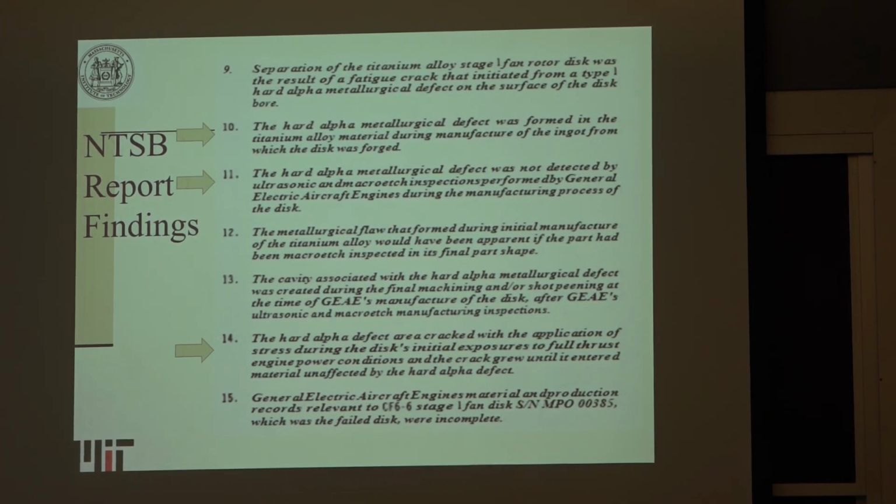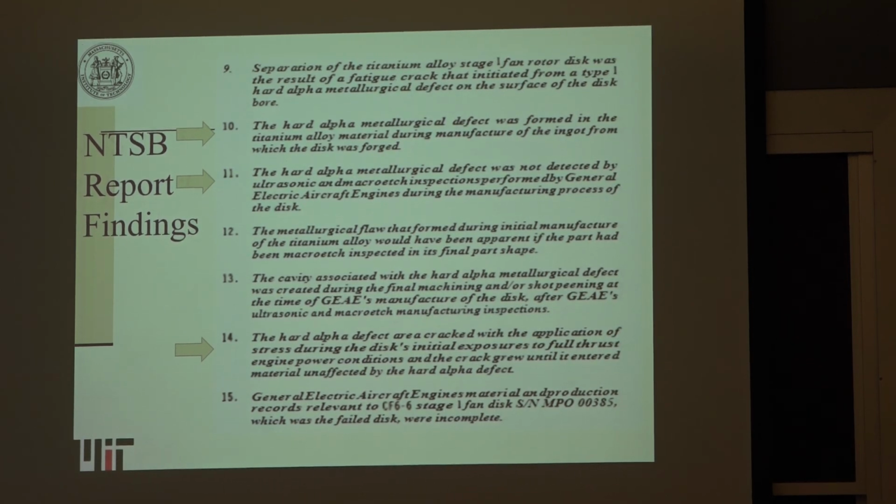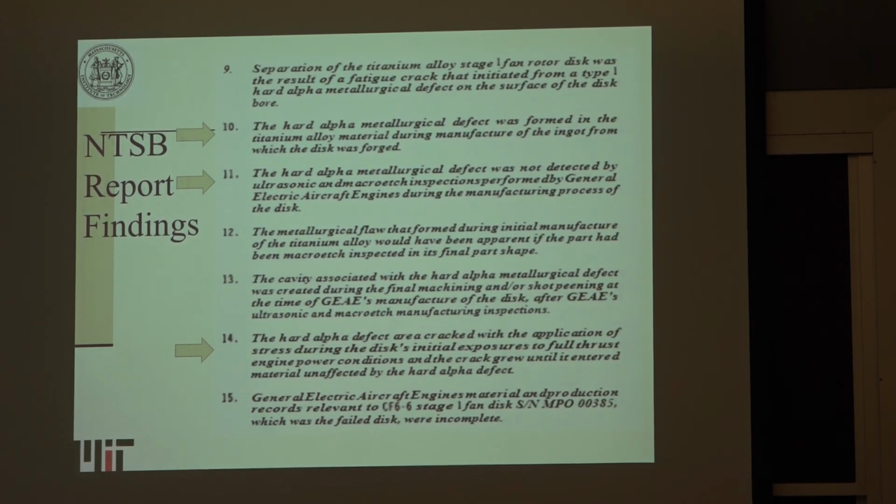The reasoning in the NTSB report for why they missed it was because they did the macro etch in the supply chain, or in the inspection process. The macro etch was performed upstream of the critical location where it should have been done. They did the macro etch at one part, and then the part progressed through the plant where subsequent machining operations were done.